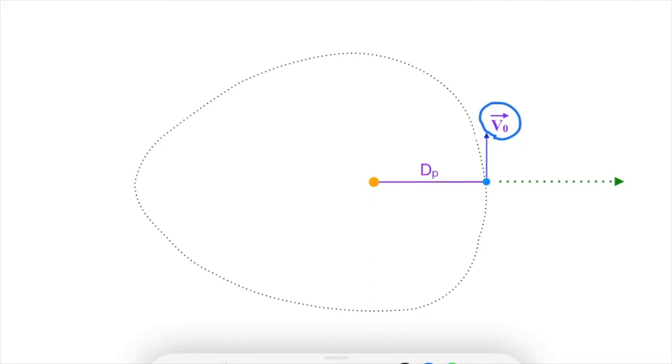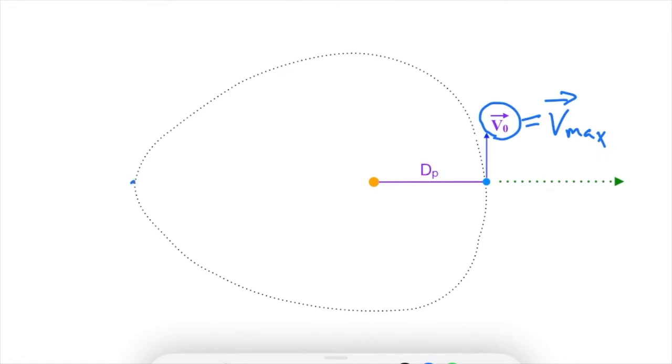And we can say something else about this particular velocity vector. In keeping with the conservation of angular momentum, since the planet is now at its closest approach to the Sun, its velocity has to be at a maximum. So we will also call this velocity vector Vmax.